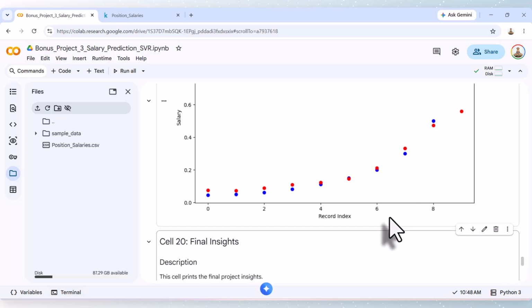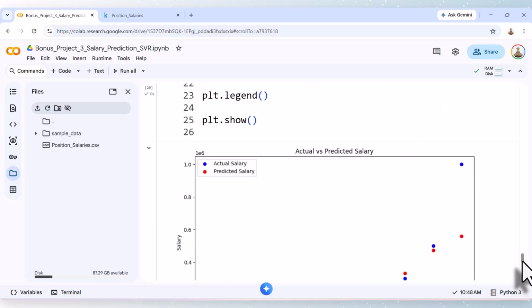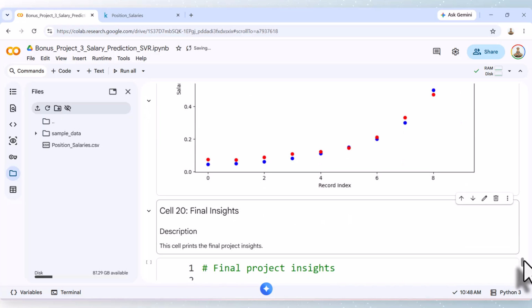This gives us a simple visual comparison of model performance. You can notice that these values are very near together, except for the last level. The remaining values are predicted better.